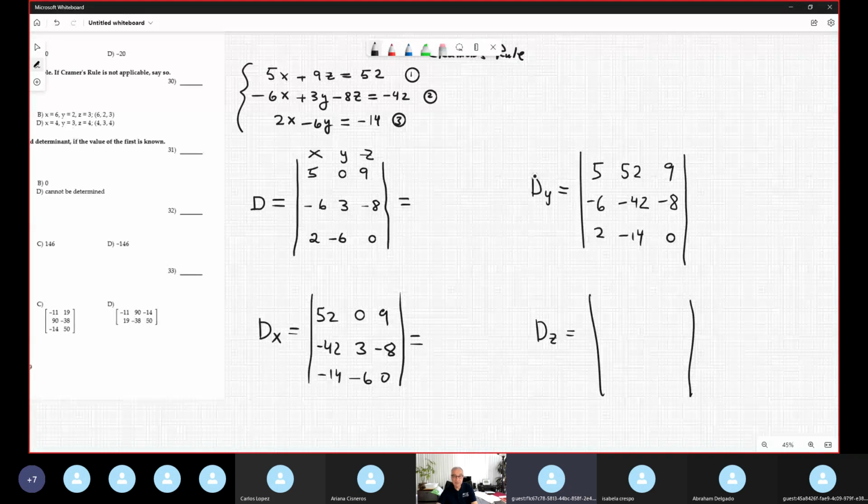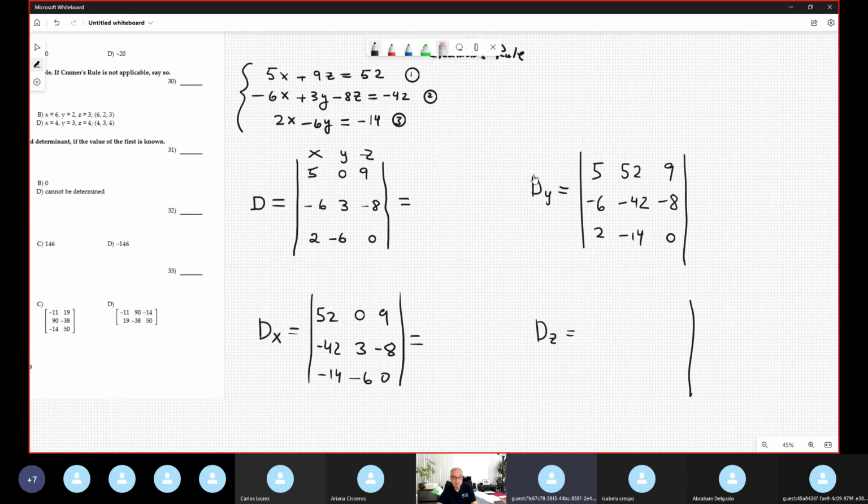Now this Z, let me try to do this line much better. 5, negative 6, 2, 0, 3, negative 6, and now it's 52, minus 42, and negative 40. Do you see clearly the organization of Cramer's rule?